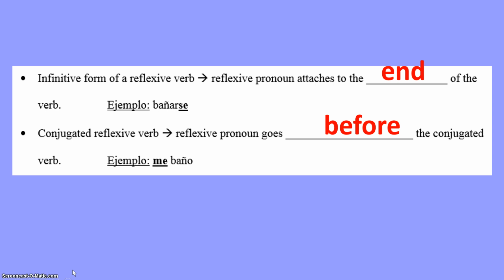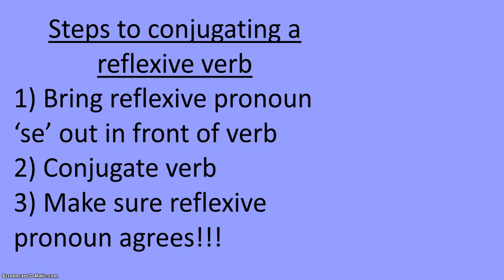For example, me baño. I have conjugated the verb bañar. You will notice that my reflexive pronoun se was brought out in front of the reflexive verb, and I changed it to me, because we're going to learn in a second that me is the reflexive pronoun that you use when you're talking about yourself.